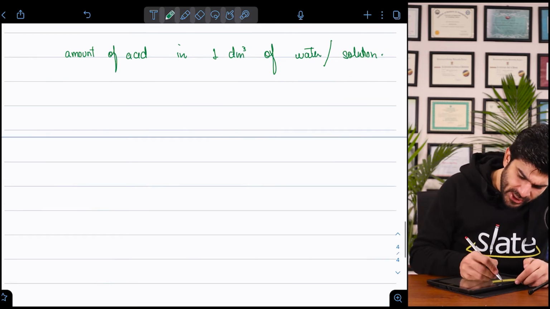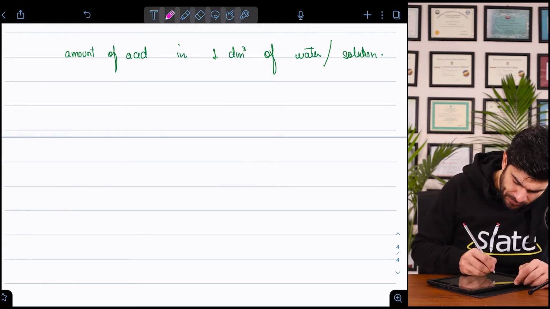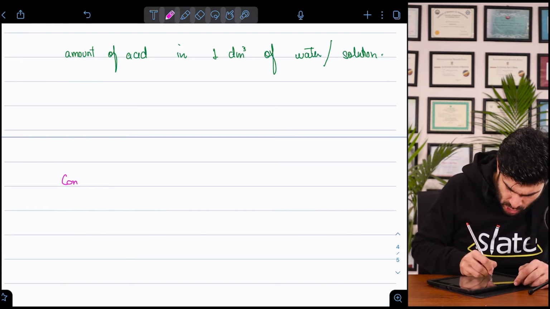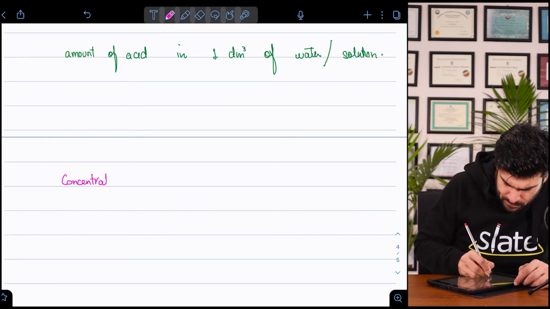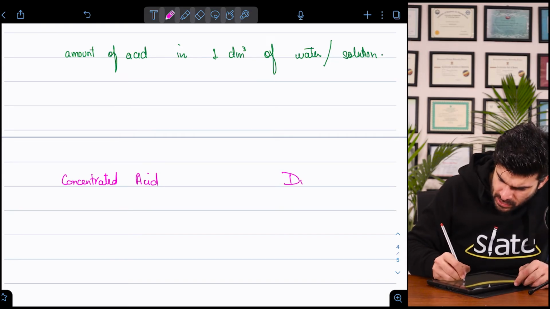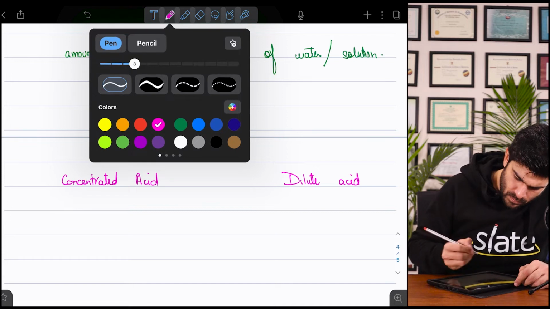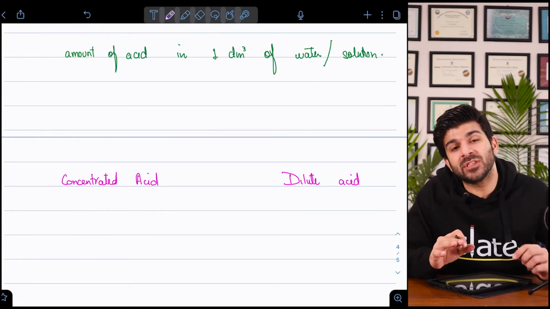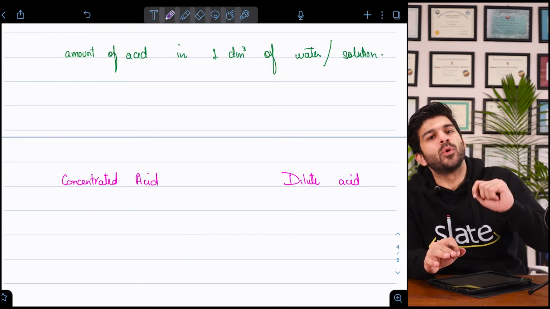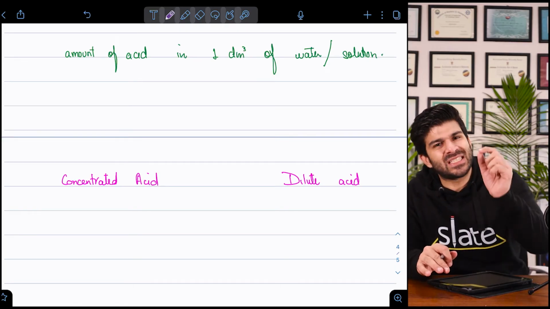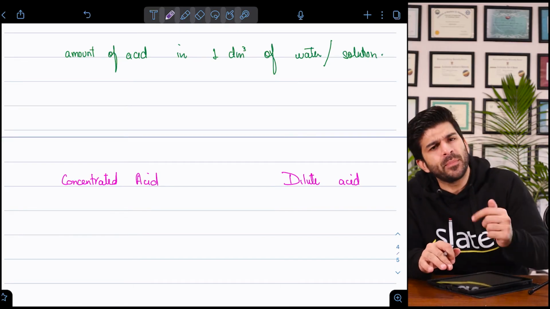Concentration has two types. The first type is concentrated acid, and the other one is dilute acid. A concentrated acid has more acid added into 1 dm cube of water, and a dilute acid has less acid added into 1 dm cube of water.